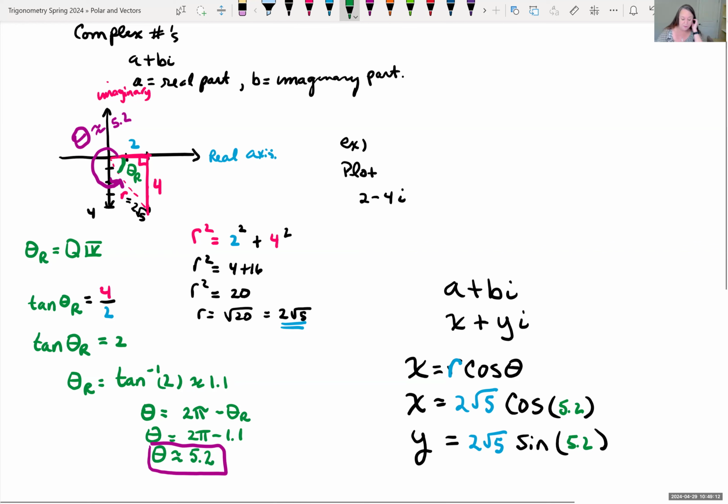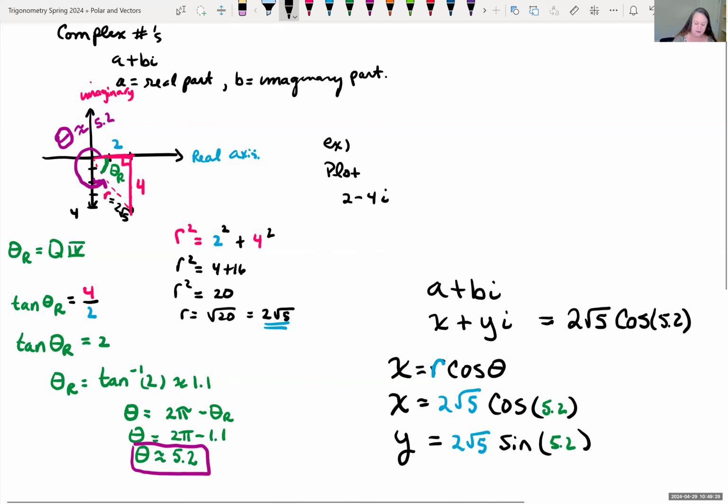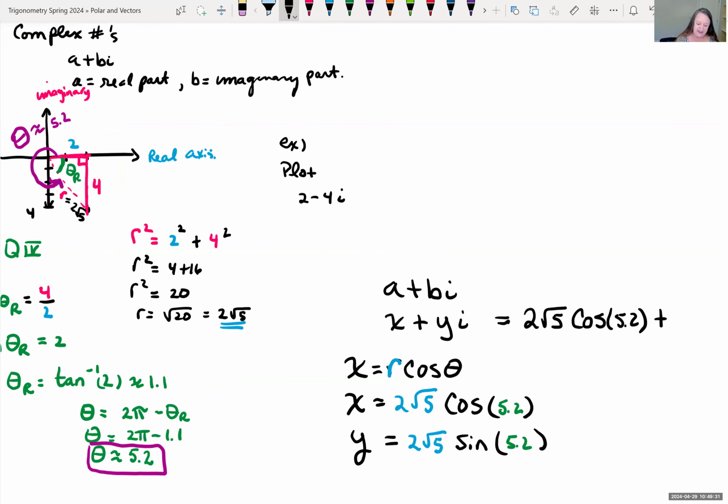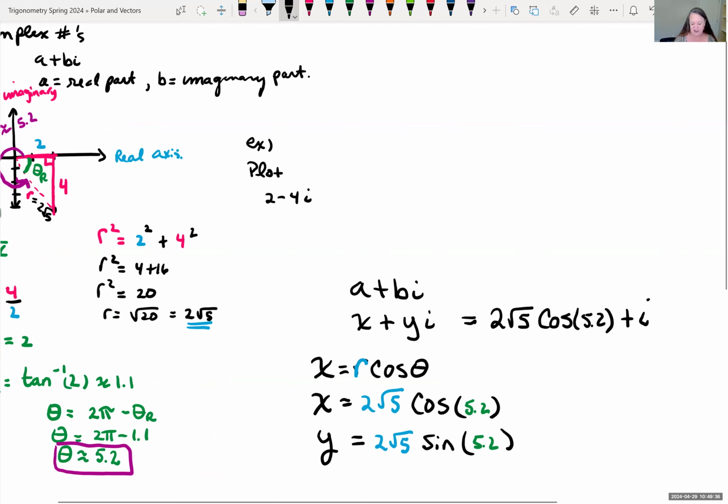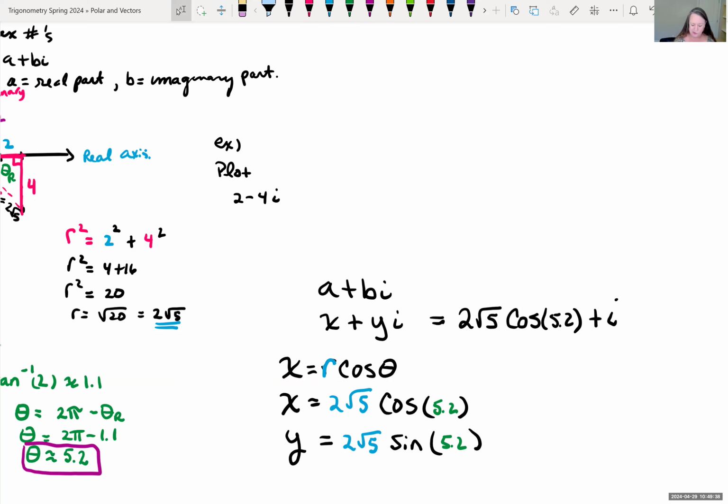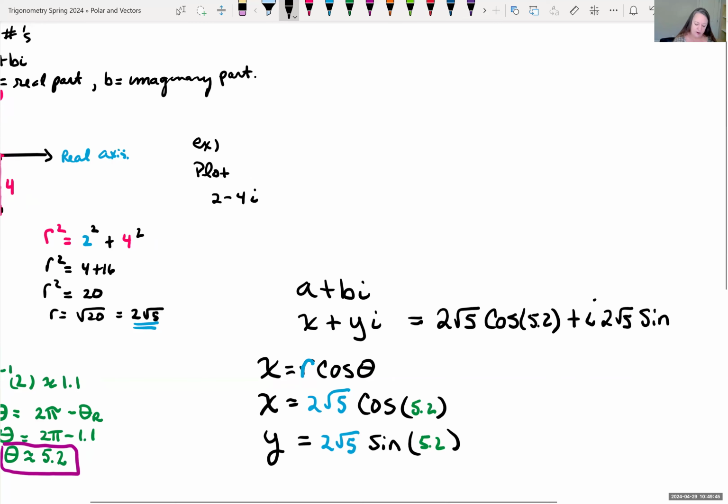Yes, because this is x plus yi, we're going to rewrite this as x, which is 2 root 5 cosine of 5.2, plus yi. Usually we'll put the i out here so it's not after and you're not thinking it's part of the angle. So we can put i, 2 root 5, and then the sine of 5.2.